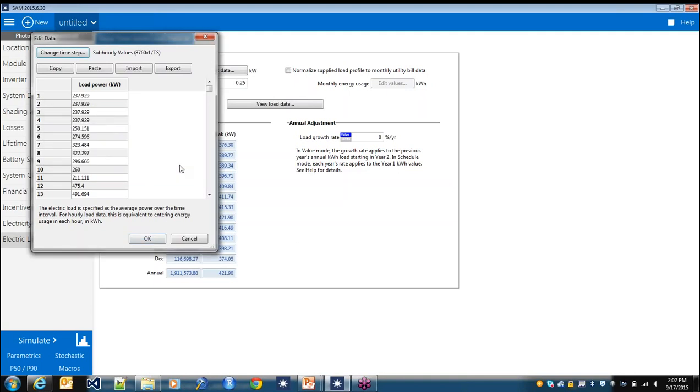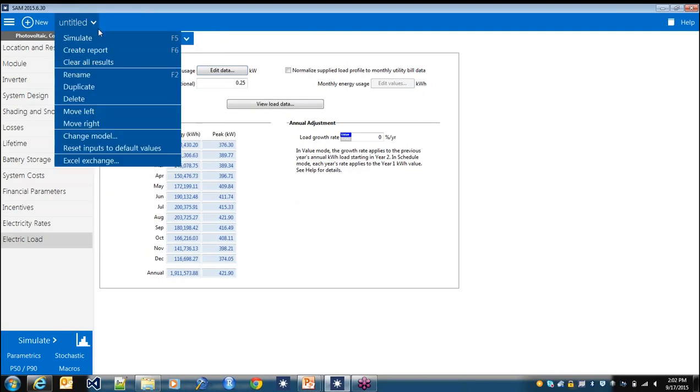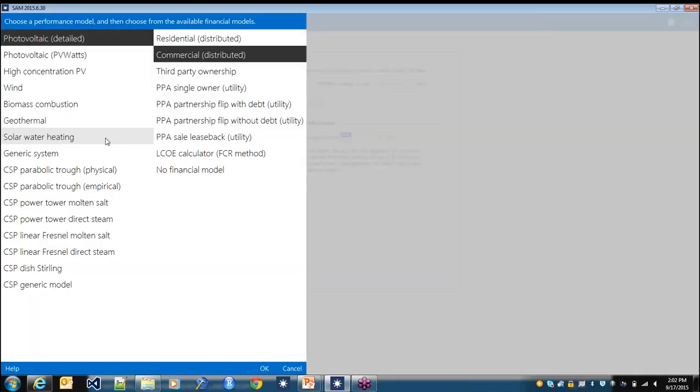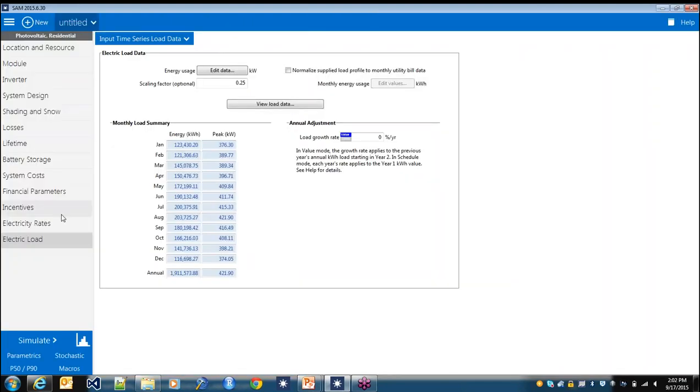And then if we switch over to the other input option, we'll cancel this one. And then at the top of the page, the blue box, oh, we're in commercial, so it won't show up. In a residential model, there's another option for a building electric load profile estimator, which Nick is navigating to at the moment.